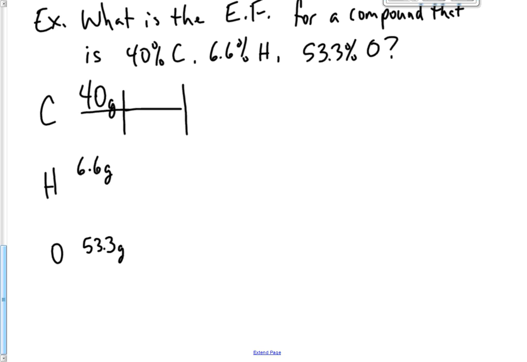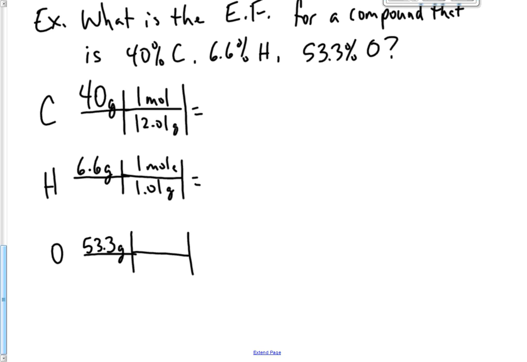So 12.01 grams per mole for carbon, 1.01 grams per 1 mole of hydrogen, and 16.00 grams per mole for oxygen. So when we do this math, we end up with 3.33, 6.57, and 3.33.